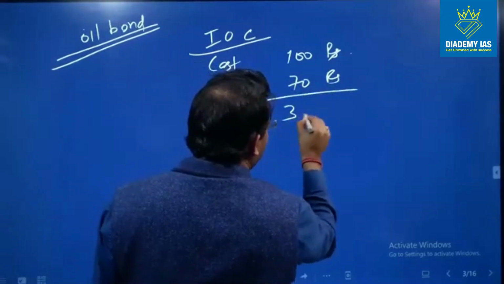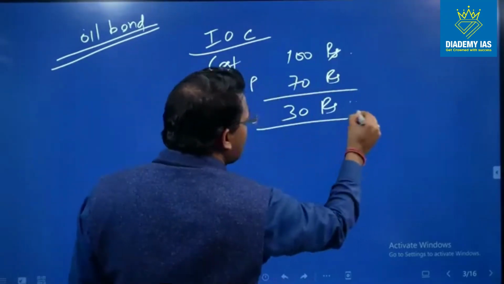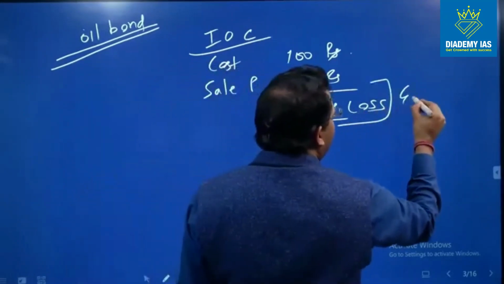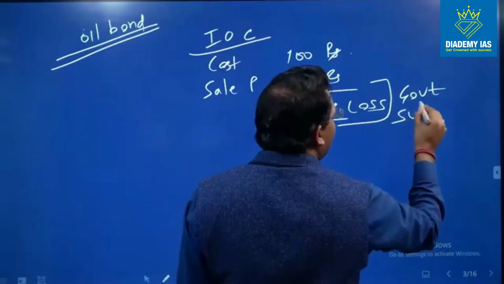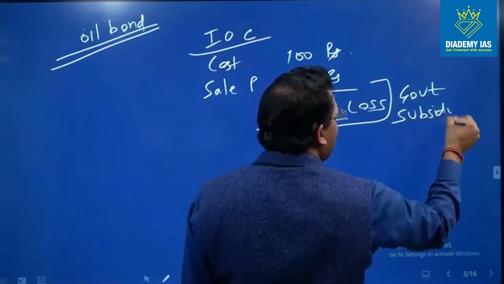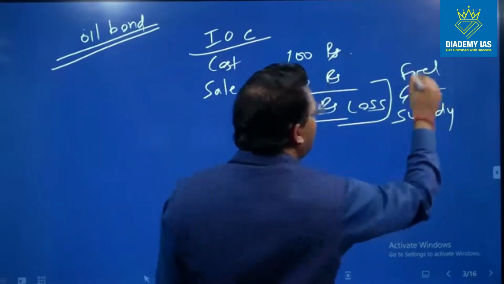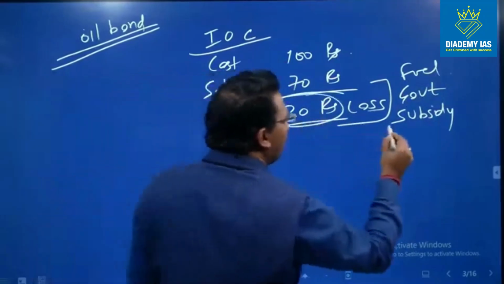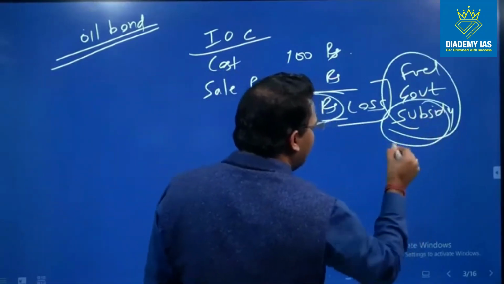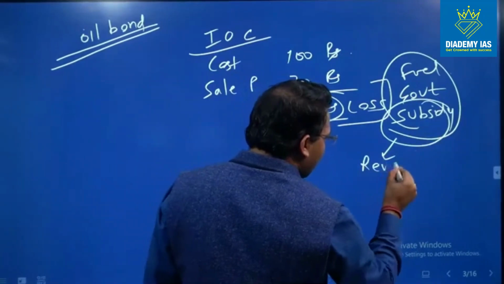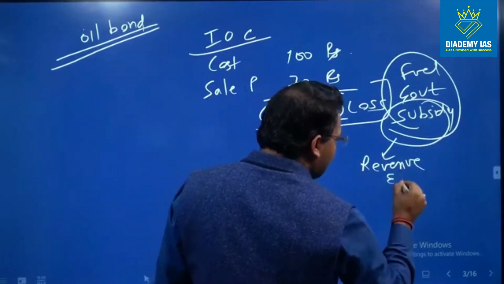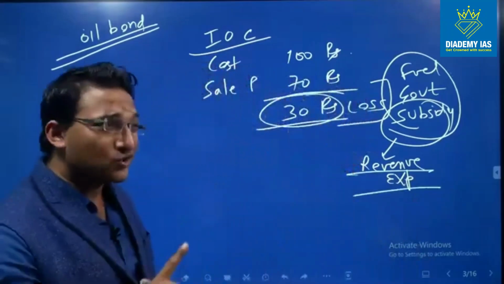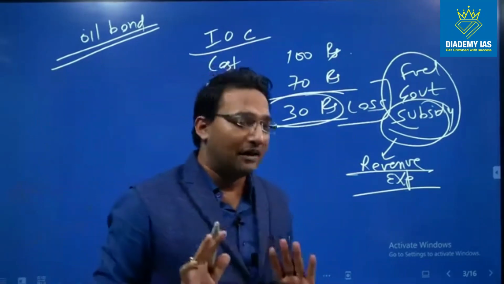So it bears a loss of 30 rupees. This loss of 30 rupees is compensated by the government in the form of fuel subsidy. This subsidy is basically revenue expenditure as far as the budget is concerned, because it does not impact the creation of asset and liability.